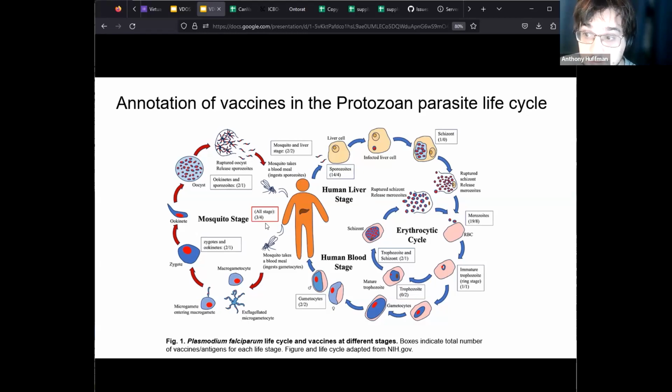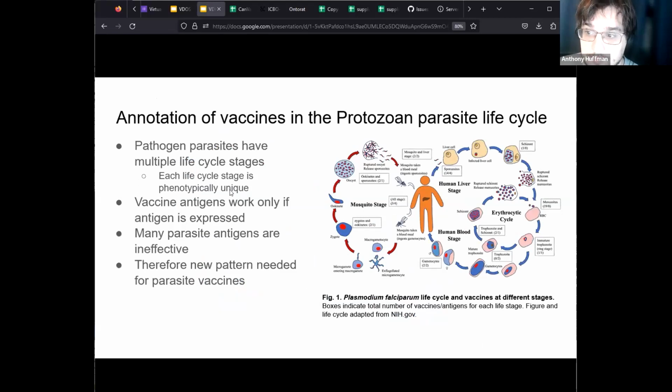Out of the 30 or so Plasmodium falciparum vaccines shown on this figure, only 3 of them are listed as affecting all stages, which meant that our previous model was not as effective in capturing the actual reality of parasite vaccines. This is especially true as some of the antigens that are expressed will be unique to specific life stages.